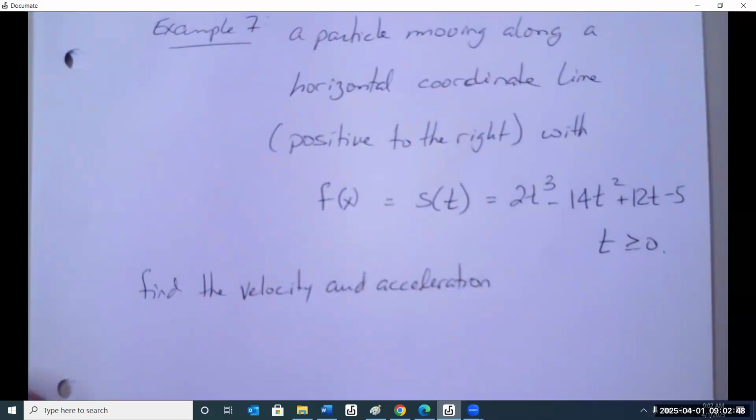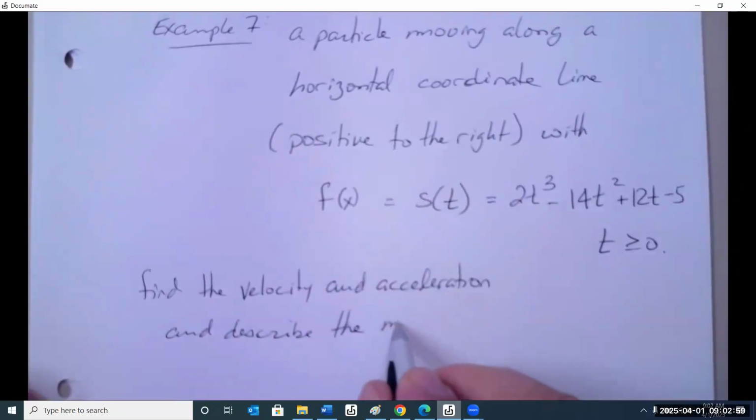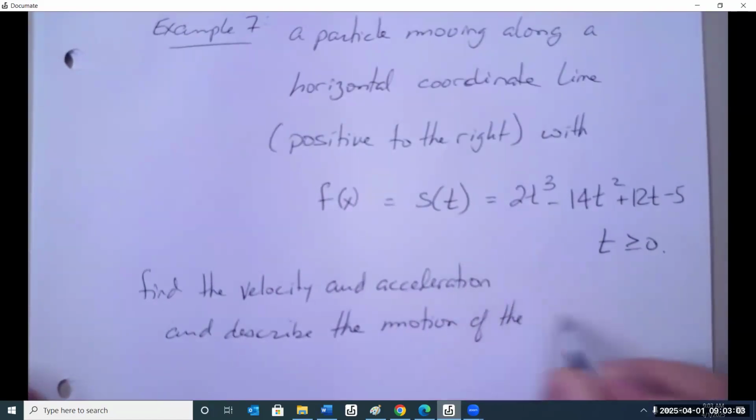Find the acceleration and the velocity and describe the motion of the particle.